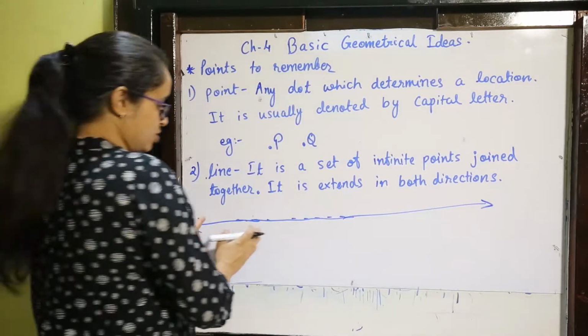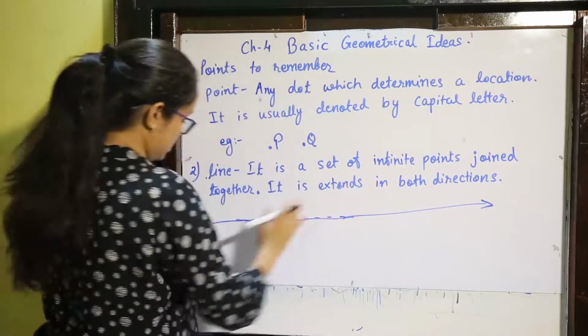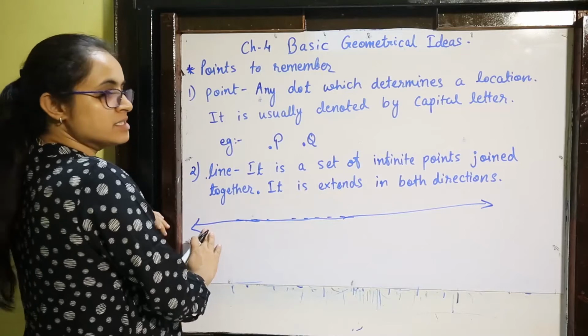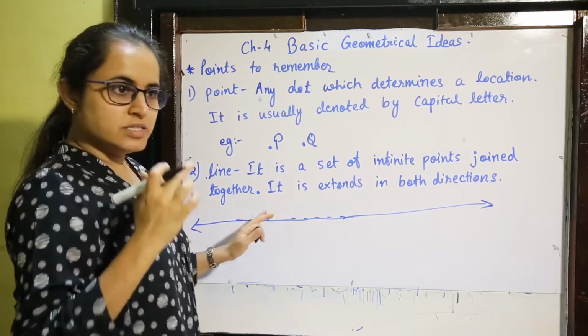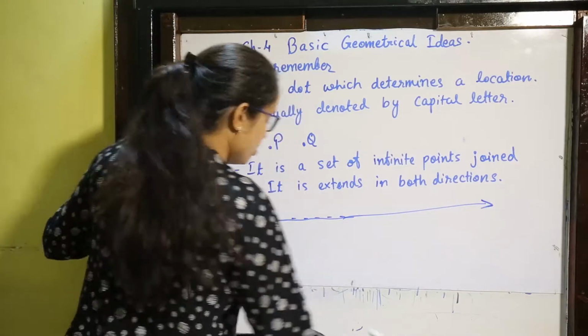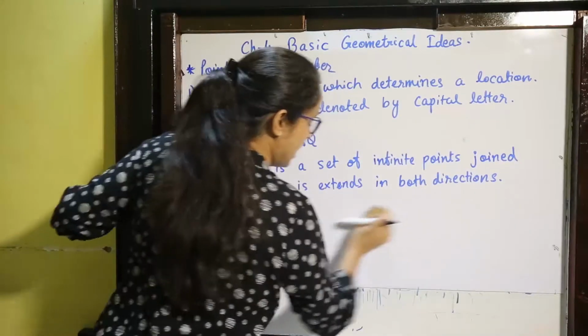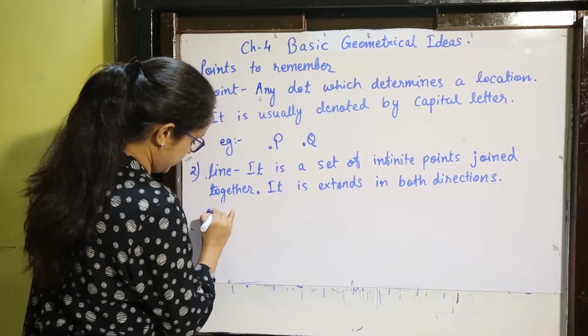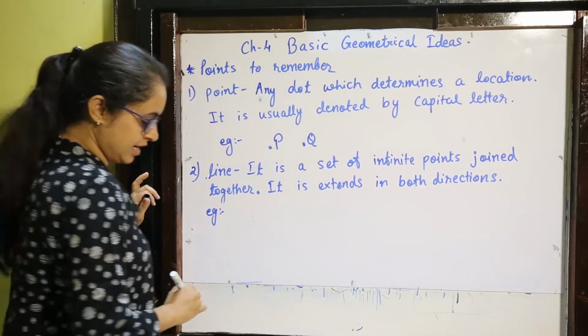A line is shown with two arrows, one on each side. That is the representation of a line. So how do you present a line?